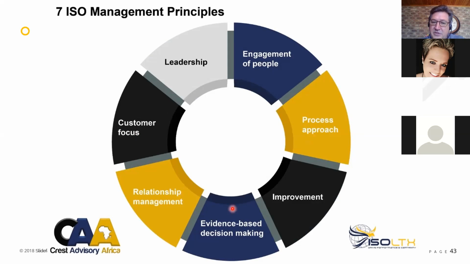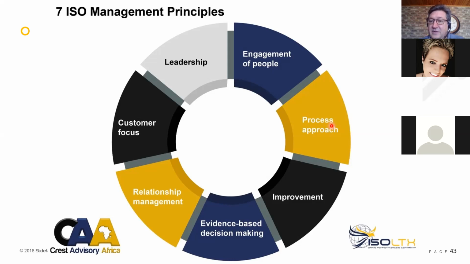So what I'm going to speak about today is evidence-based decision making. And this is the evidence that supports your leadership, making sure that what we have done, we can track and trace back to a decision that is documented in your process, and through that you can scrutinize and determine, did I make the right decision or not?